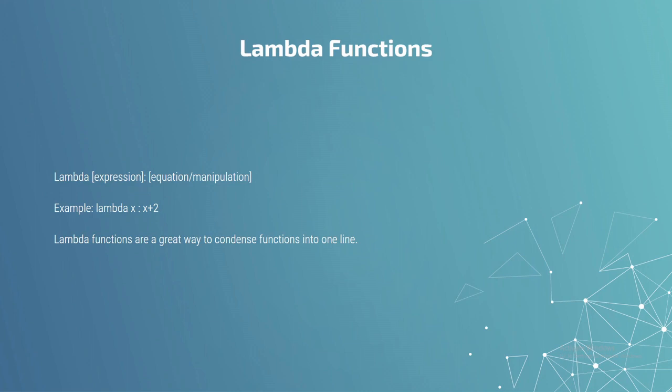X is the variable that you get, that you return, while x plus 2 is how you manipulate the variable. Now lambda functions usually take an input of, in this case, x. So if I had a lambda function assigned to a specific name and I inputted the variable 2, the lambda function would return 4, because it's 2 plus 2.